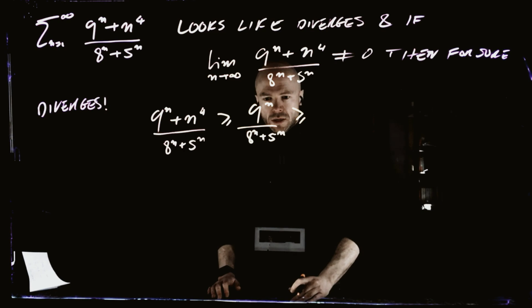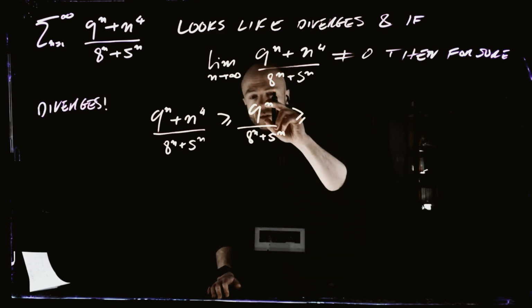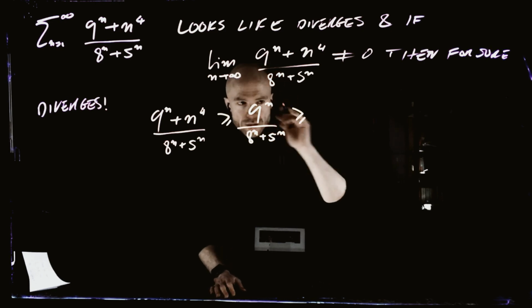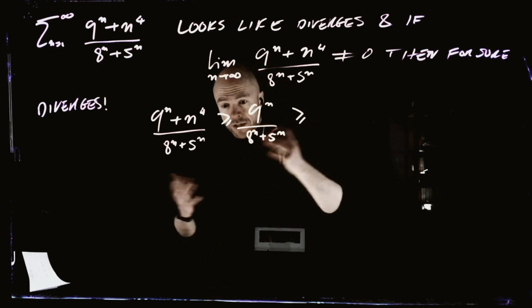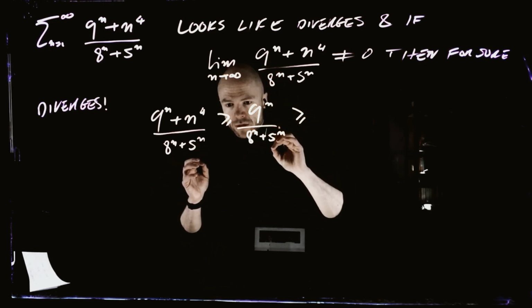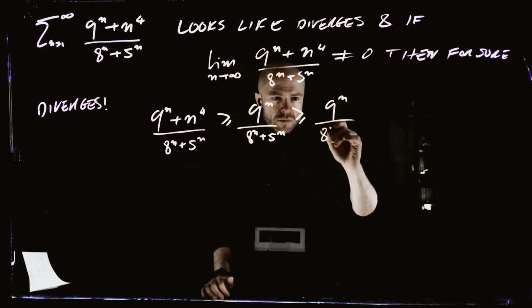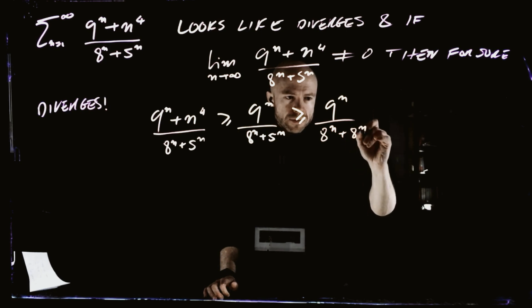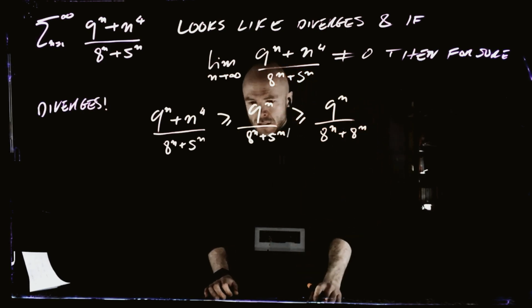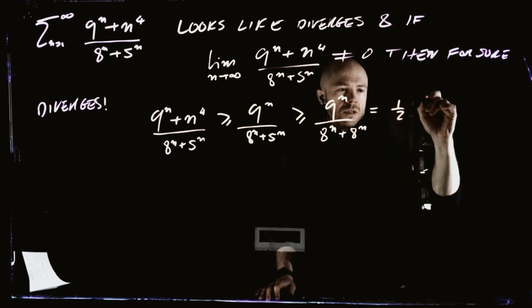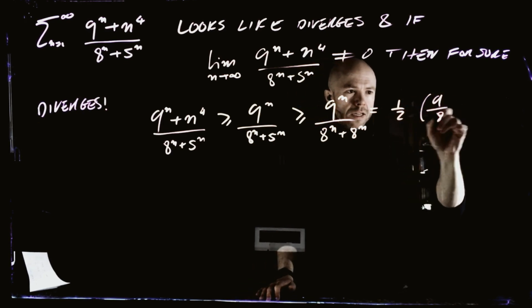So we don't have the right to compare this to 9 to the n over 8 to the n. That's not true. However, 5 to the n is smaller than 8 to the n, so we could do this, because that's true. And what's that? That's just 1 over 2 times (9 over 8) to the n.